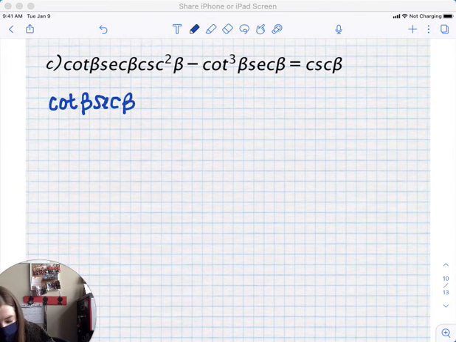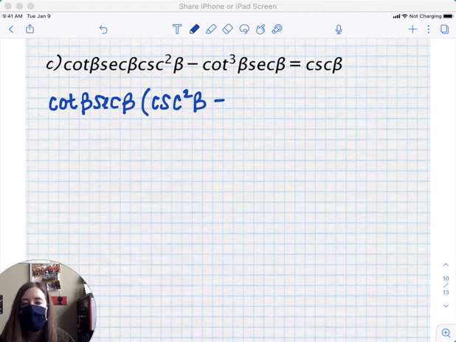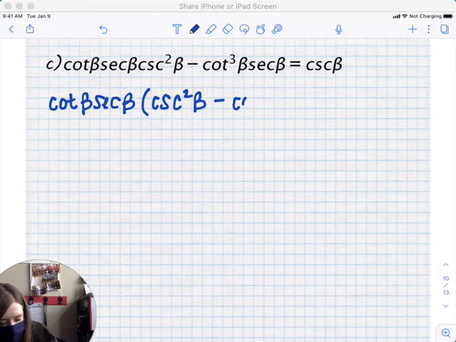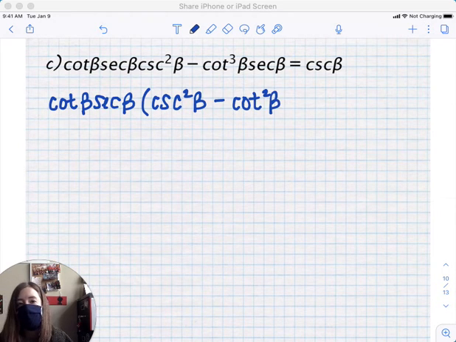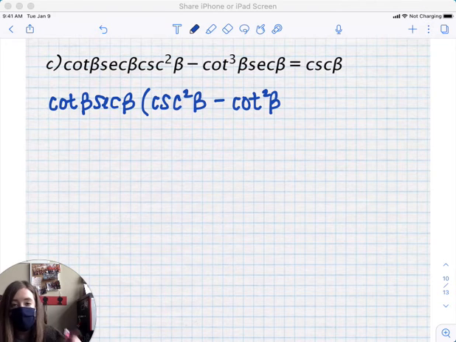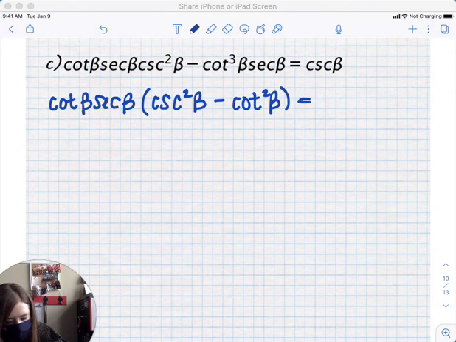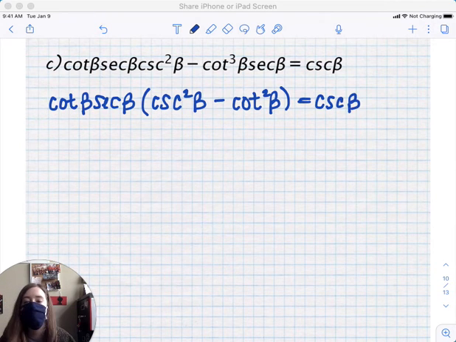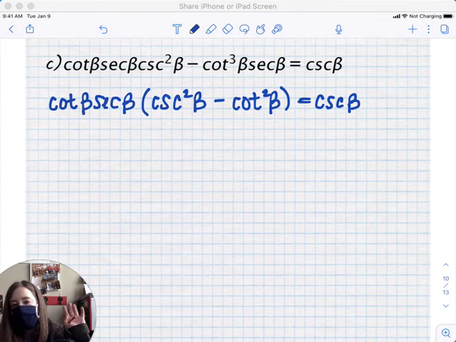So after we take out the cotangent and the secant beta from the first term, we're just left with cosecant squared beta minus. When we take out one of those cotangents, I'm left with cotangent squared beta. And then we factored out that secant, so we don't have to worry about it anymore. So now, right there in those parentheses, it's like, I'm a Pythagorean identity. I'm 2 trig squared.